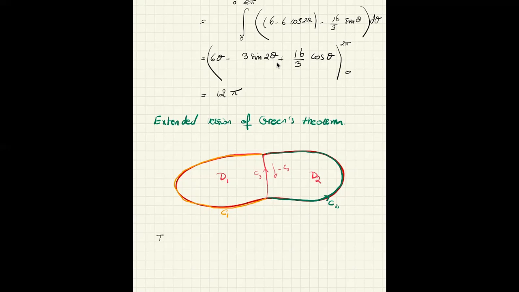By that I mean it is at the same time type 1 and type 2. We've seen some of these regions. They are at the same time type 1 and type 2. And suppose D is D1 union D2.